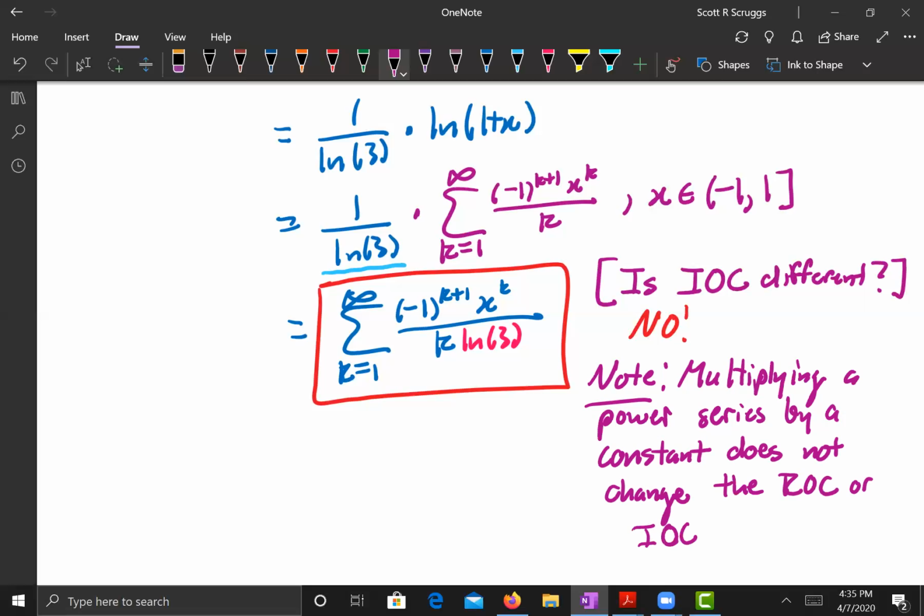Which means that with our brand new series, we still have that the radius of convergence is 1, and that the interval of convergence is -1 to +1 with a closed brace over to 1.